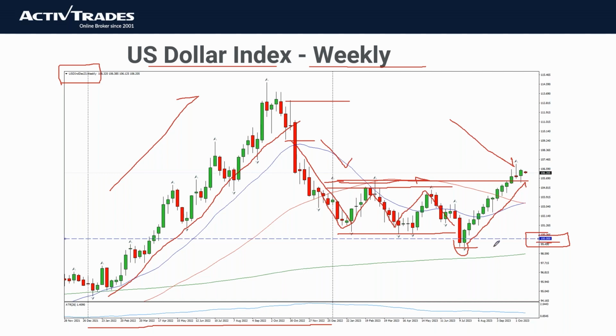But what was interesting to see, and I talked about it a lot, was that we had 1, 2, 3, 4, 5, 6, 7, 8, 9, 10, 11 straight weeks of bullish closes on the dollar. That is exceptionally rare.